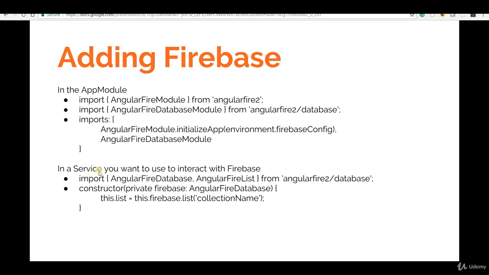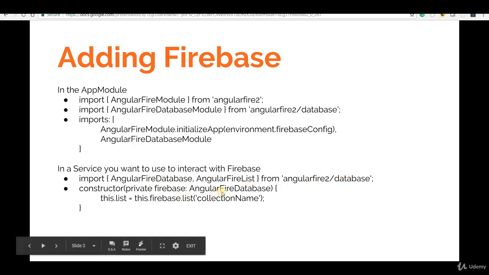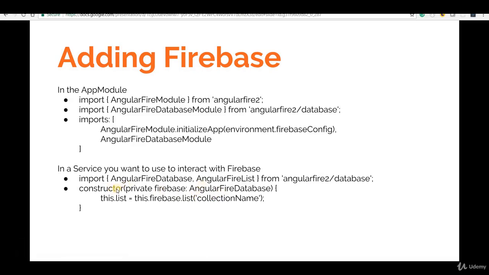The second thing that we'll be doing is, inside a service that we want to interact with Firebase, we are going to import the AngularFireDatabase and the AngularFireList from the database module of AngularFire2. And then we are going to inject the AngularFireDatabase as a dependency using our constructor.